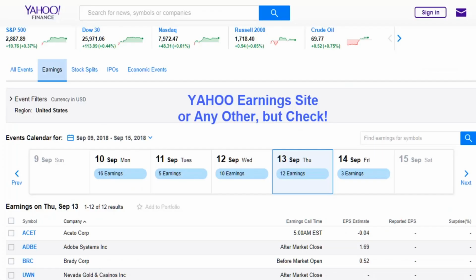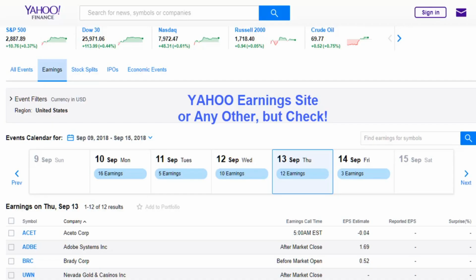Earnings dates. If you don't have the TC2000 platform, which will give you the earnings date, you go to Yahoo and look up the earnings date, and right there, save the page. You should have it in one of your saved pages to go to during earnings season, and anytime you're going to trade any stock, you should be checking to make sure that it's not going to report earnings, because earnings season happens over a course of weeks, and you don't want to be blindsided by buying something or owning a particular stock and then having a negative surprise.